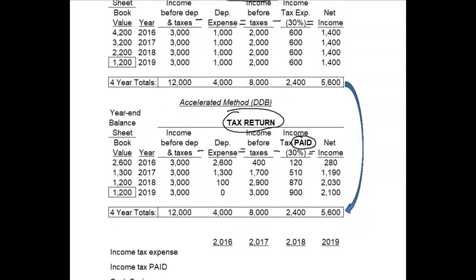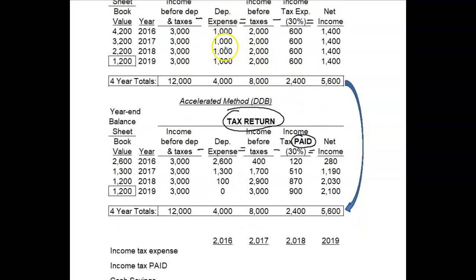So what's kind of interesting is because we have different depreciation expenses, we have different income before taxes and different income tax amounts. So I'm going to have, like in year 1, this expense of $600 on the income statement, but we're only going to pay $120.